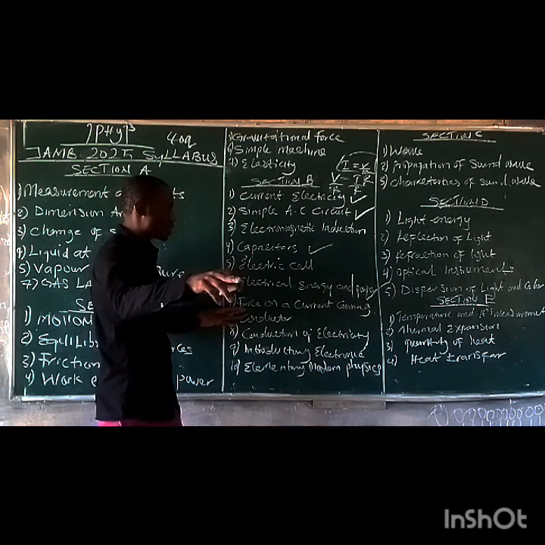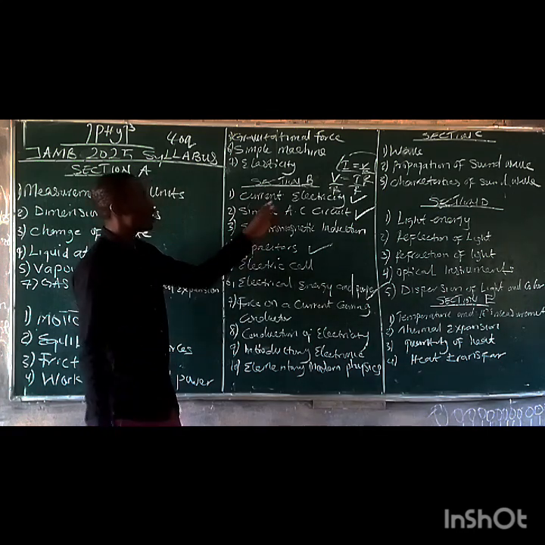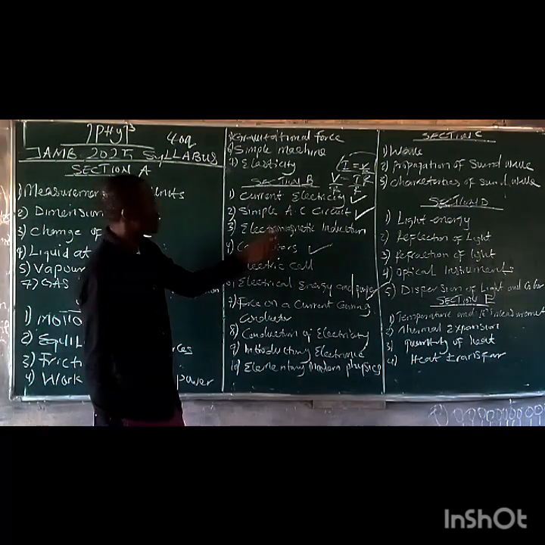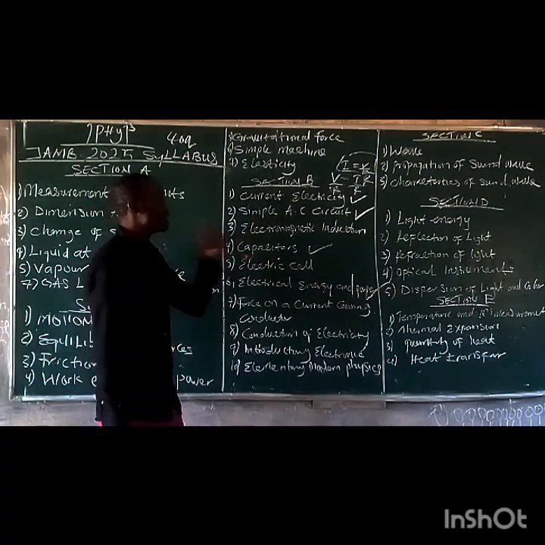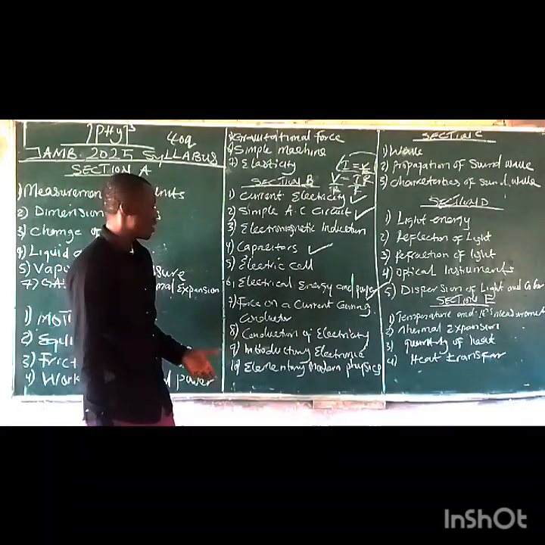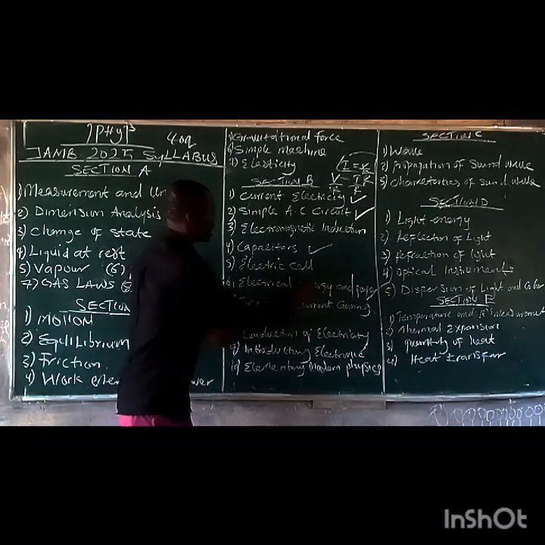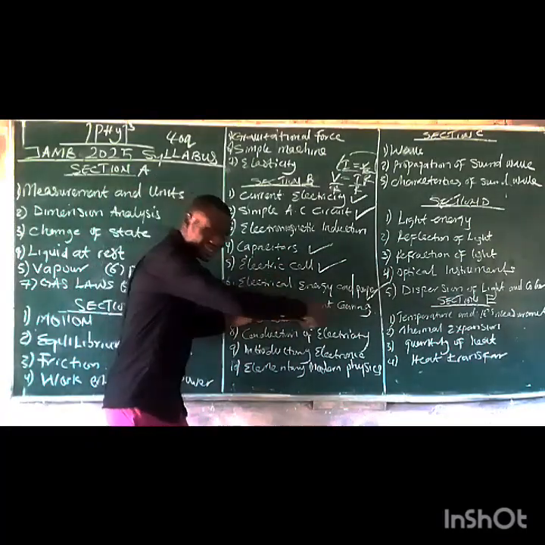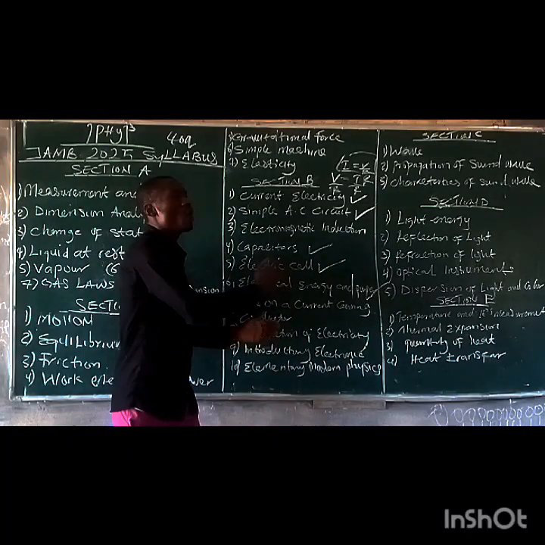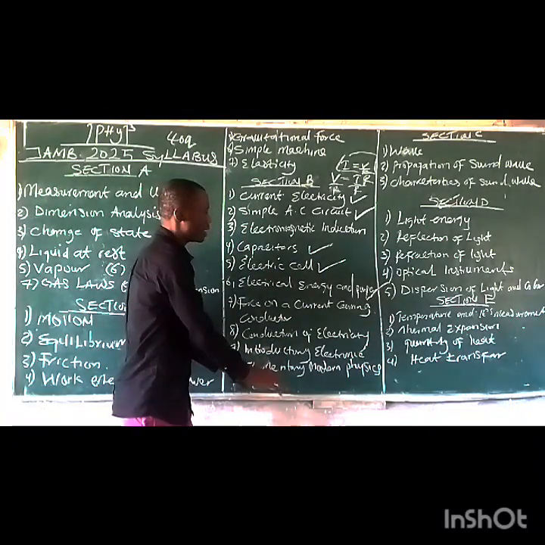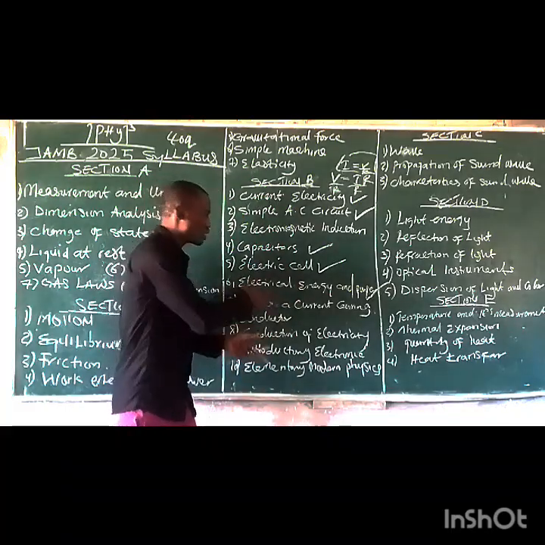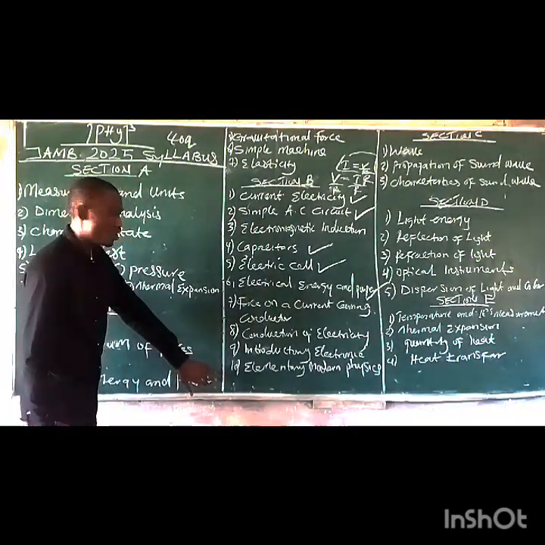If you check through your past questions, you'll find that most of the questions you're going to see are on electric current, simple AC circuits, and capacitors. For electromagnetic induction, there's not much, but there are questions there. Electric cell, you see questions from here too, mostly. Now, the ones I'm ticking mean that questions will come out more frequently from those than the rest. That doesn't mean you should not read the rest. Read everything, but concentrate on the ones I've ticked for you.